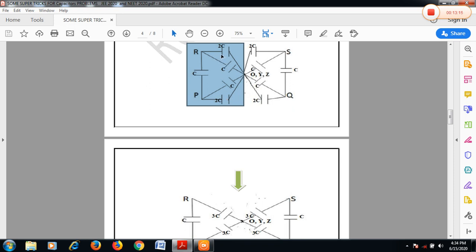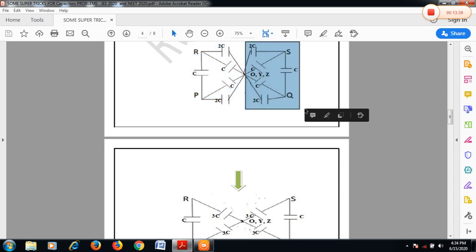So easily we can have the equivalent capacitance between R and O as 3C, right, 2C and C. Here in between P and O also, since these are in parallel, the equivalent capacitance is 3C, and in this part also we have identically these 2C and C combining together to result in 3C.